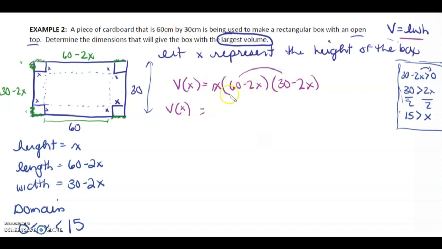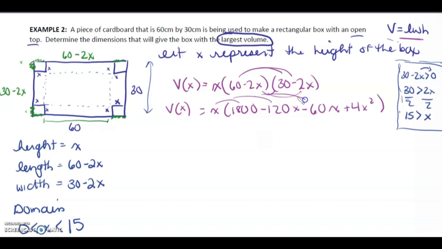Okay, so 60 times 30 is going to be 1800. 60 times negative 2 is going to be negative 120x. 30 times negative 2x is going to be negative 60x. And negative 2x times negative 2x is positive 4x squared.